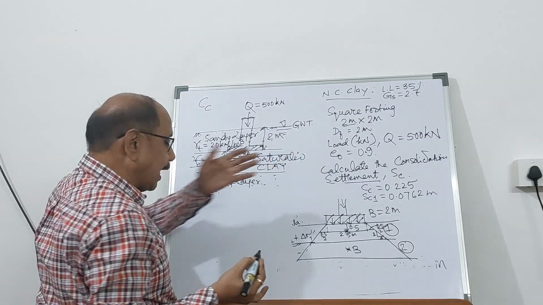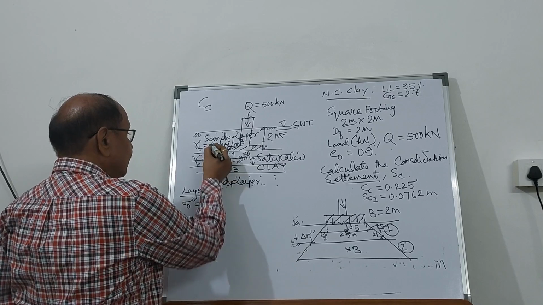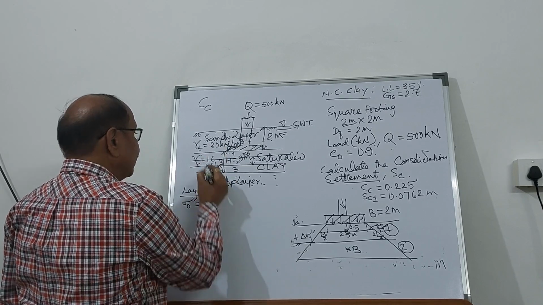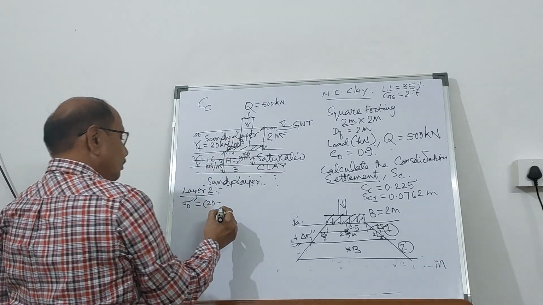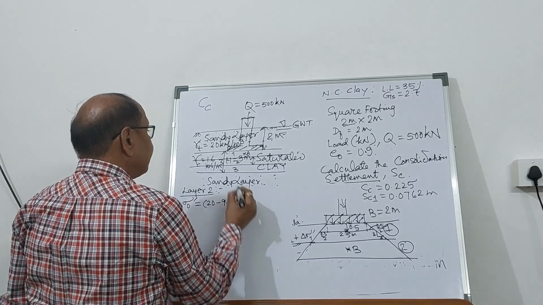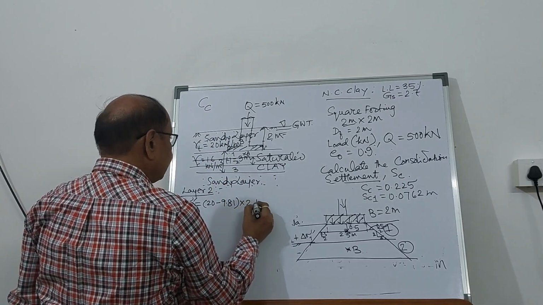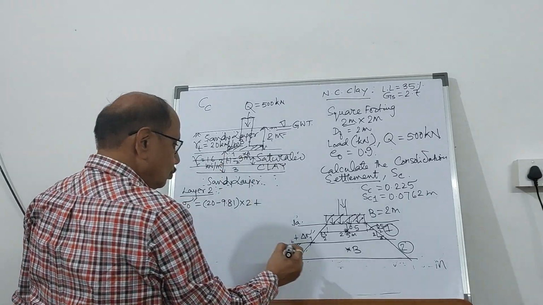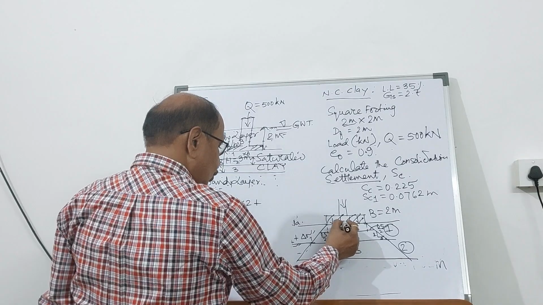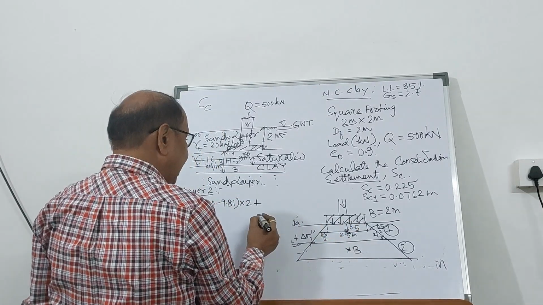When the load is not acting, the effective overburden pressure is 20, the saturated unit weight, minus 9.81 multiplied by 2 meter depth, plus, below the footing, you are going to have this 1 meter first layer and this 0.5 meter.